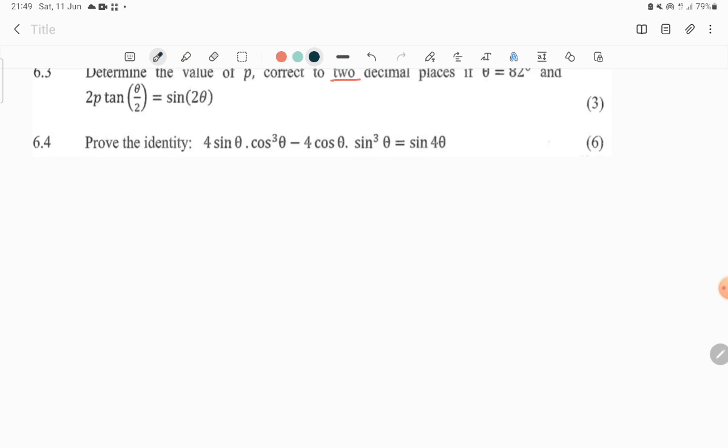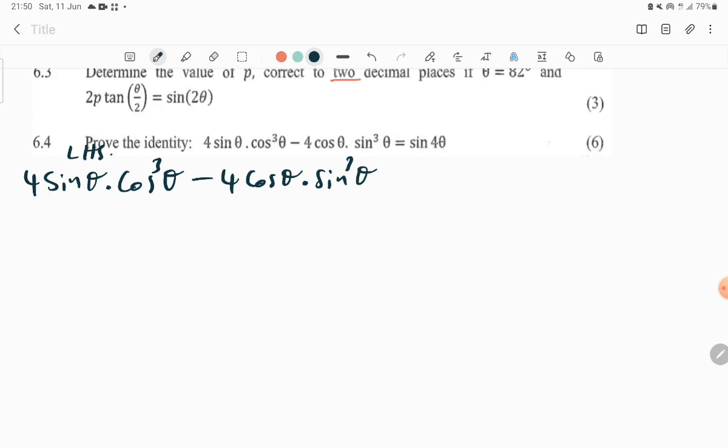So on that note, let me take this: 4 sine theta times cos 3 theta, then minus 4 cos theta times sine 3 theta. So we are taking the left hand side to check what we are going to get. Now we can see that we have 2 terms here.